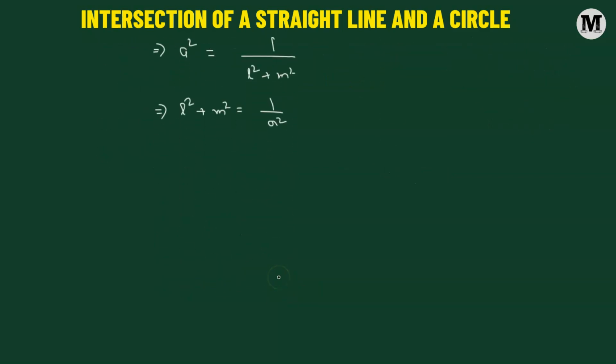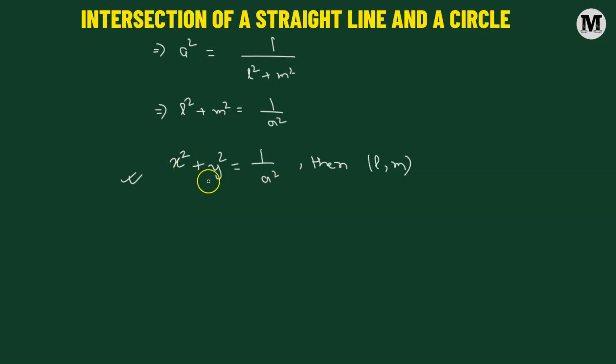If we compare this with the equation of a circle x squared plus y squared, where the right side is 1 over a squared, then the point (l, m) lies on this circle, which means it satisfies the equation of the circle.